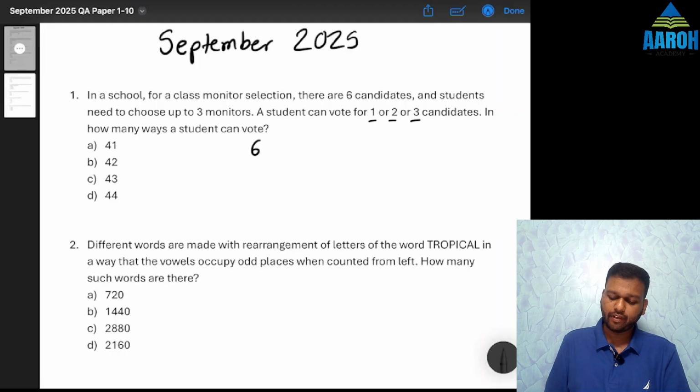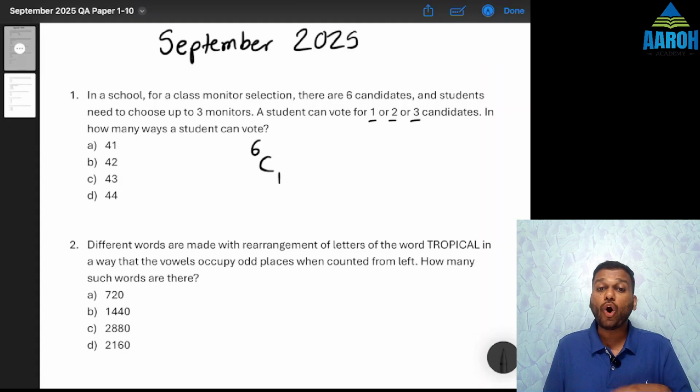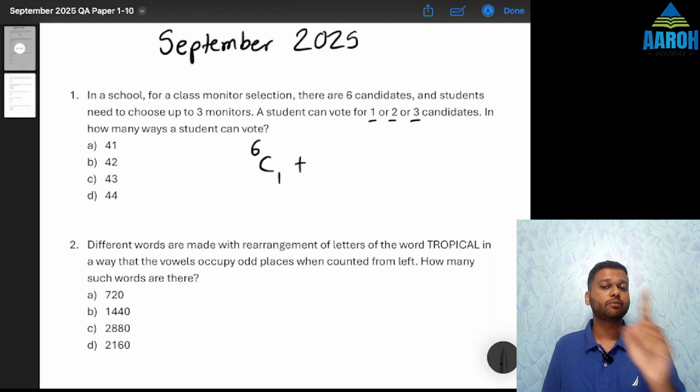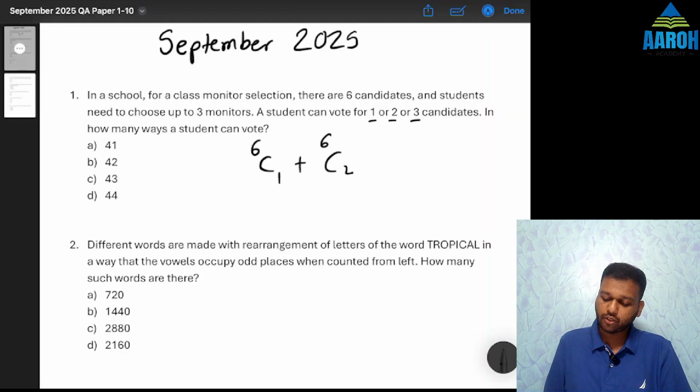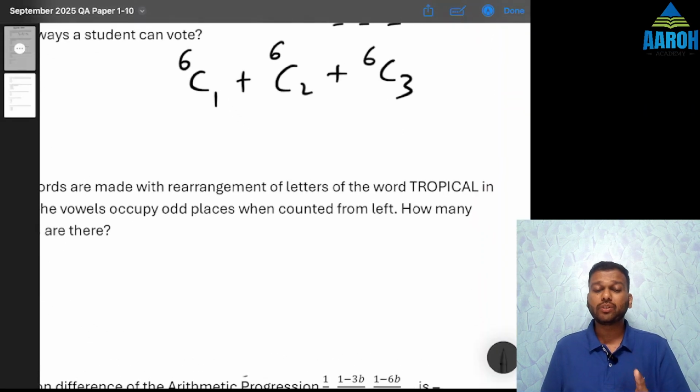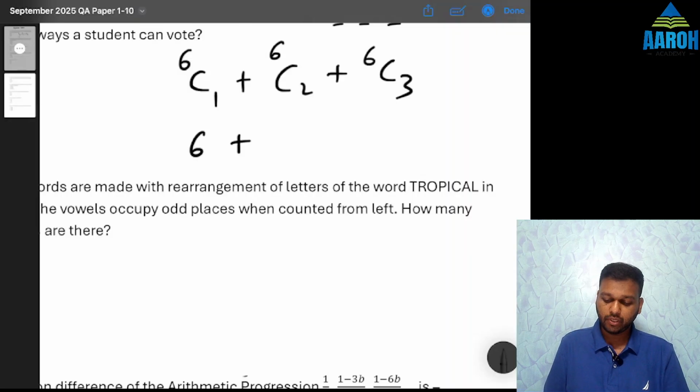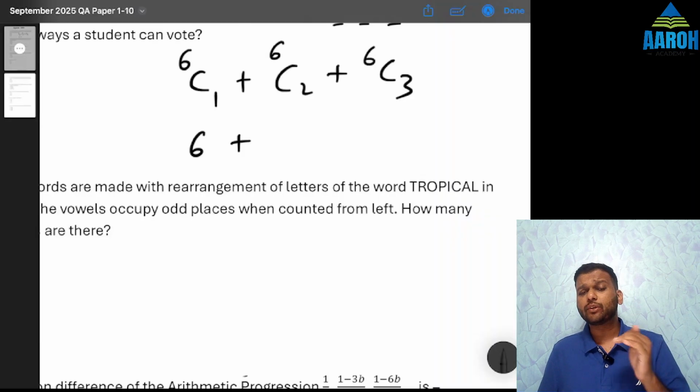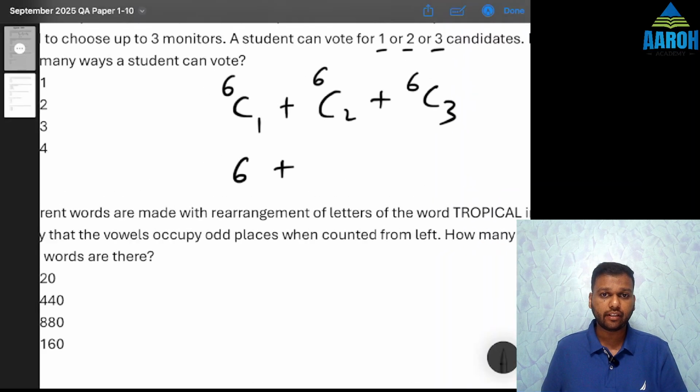So out of 6, we have to select either 1 or 2 or 3. Always remember, or is plus and and is multiplication. 6C1, you should know that NC1 is always N. So 6C1 is 6 plus 6C2. How do you calculate 6C2 fast on calculator?